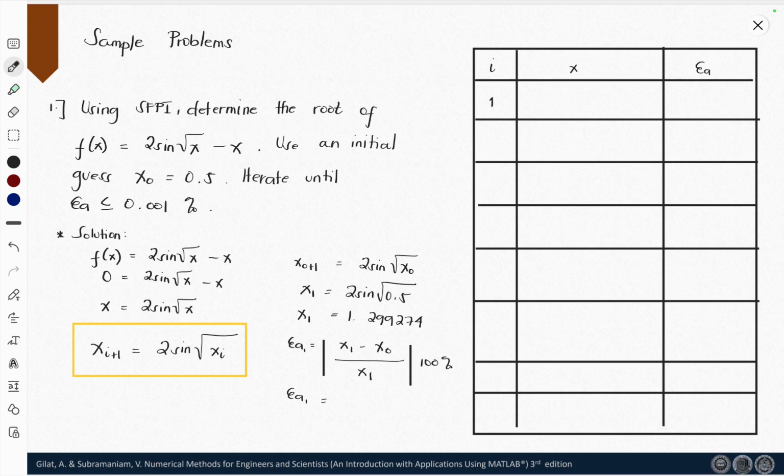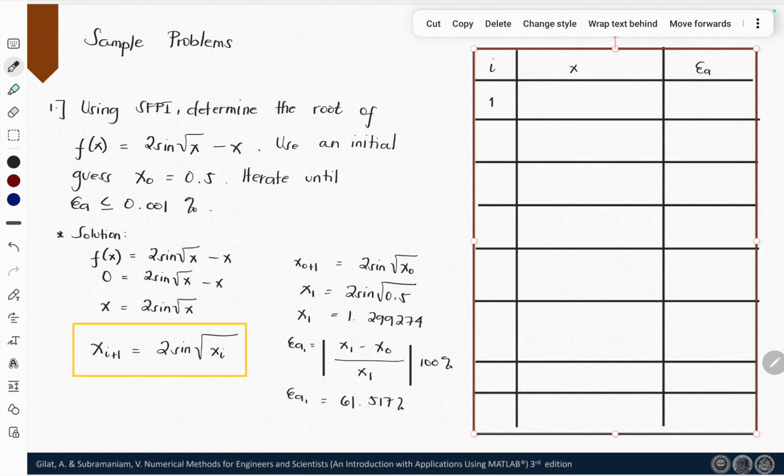Times 100 is 61.517%. So just write the values of x sub 1 and approximate error for the first iteration.